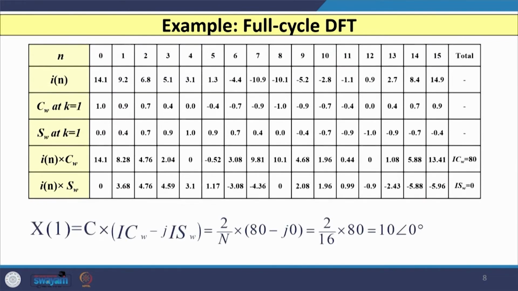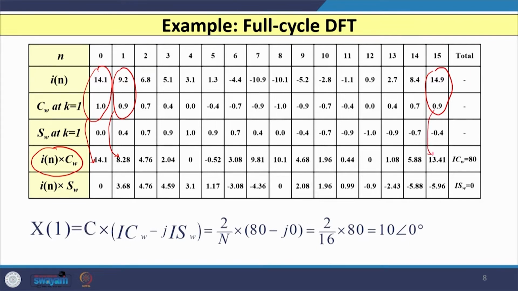Once you have the values of C_w and S_w for k equal to 1, you can multiply C_w with I_n. So, you will have C_w into I_n, that is this value, and again this I_n into C_w, and similarly the multiplication of this term, and finally you will have the term that is this one.